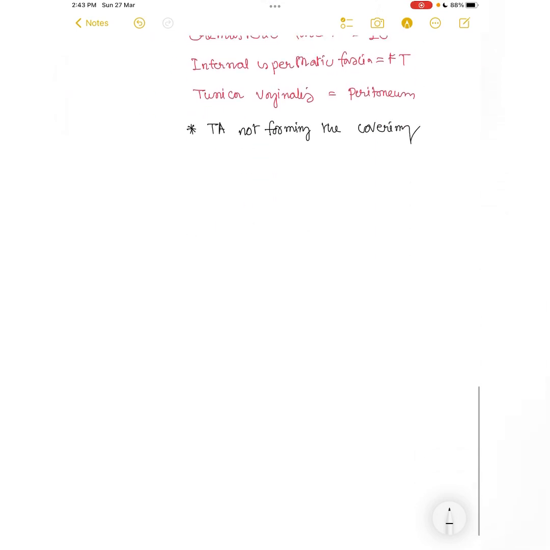And ultimately, a clinical question. Suppose this is the rectus abdominis muscle, and this is the pubic symphysis.